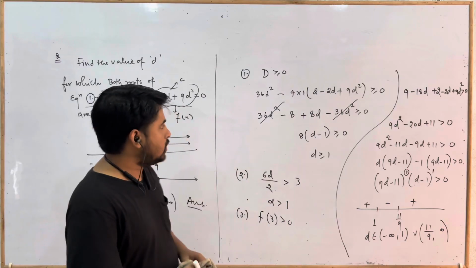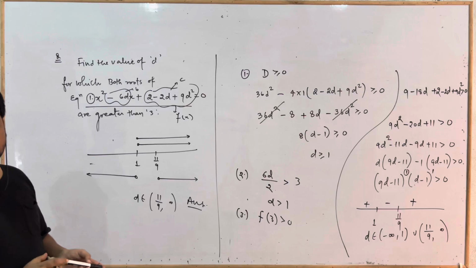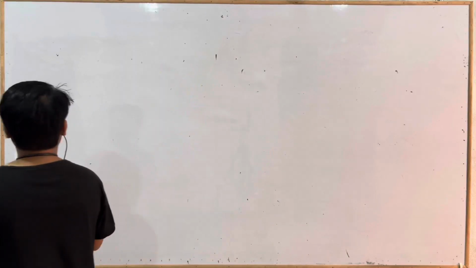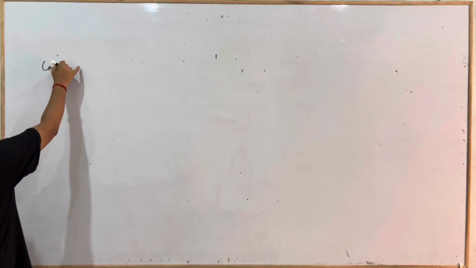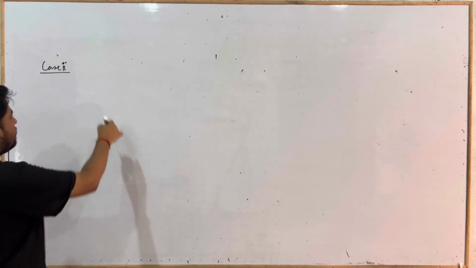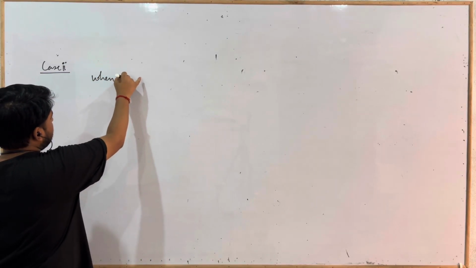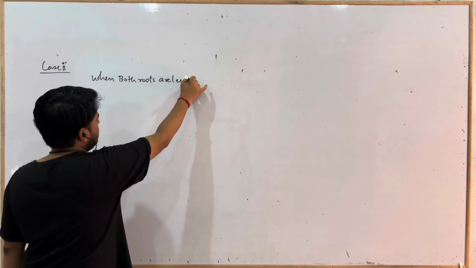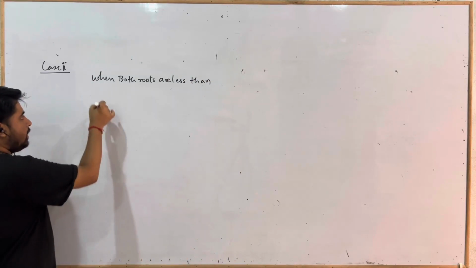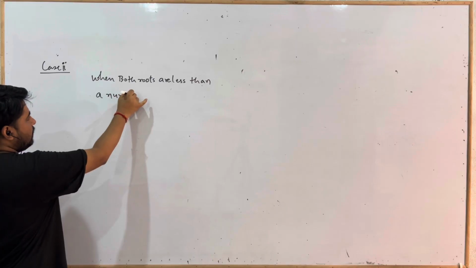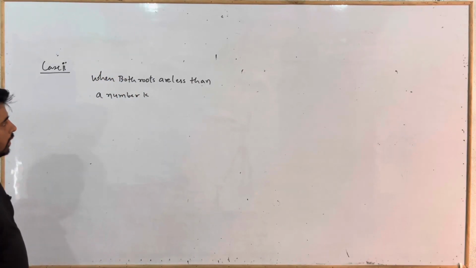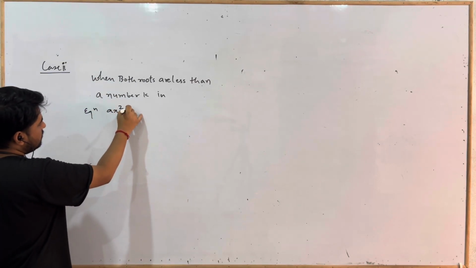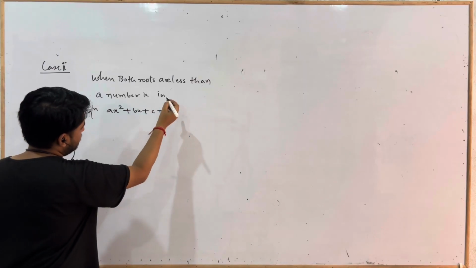So I am going to take case number second. So case number second is when both roots are less than a number k, in the equation ax square plus bx plus c equal to 0.